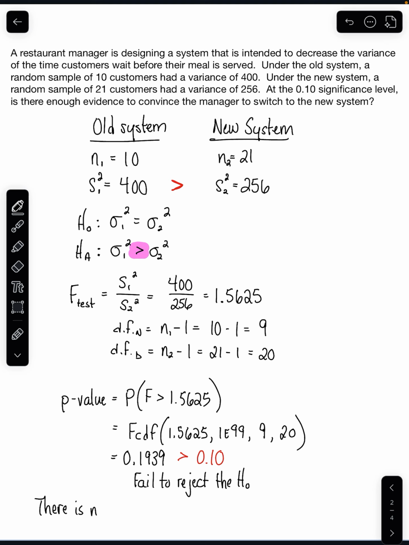So we would say here there is not enough evidence to support the claim that the new system is better.